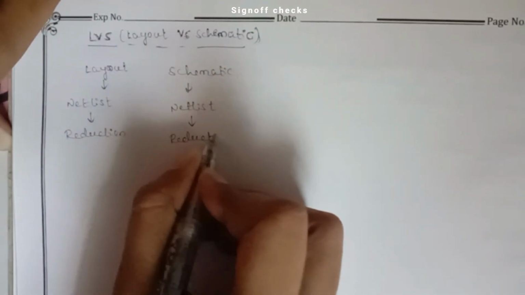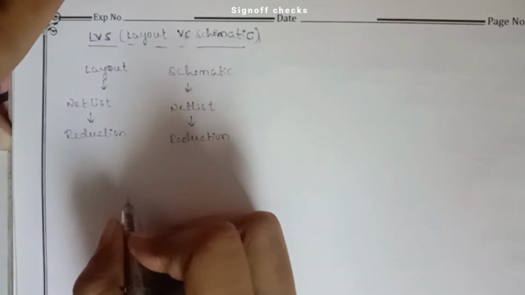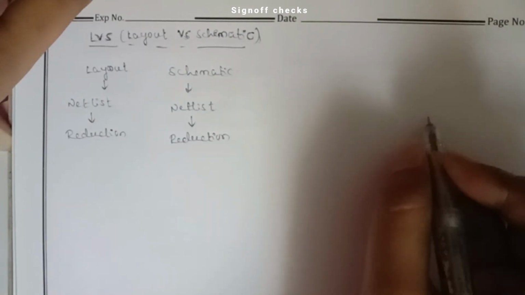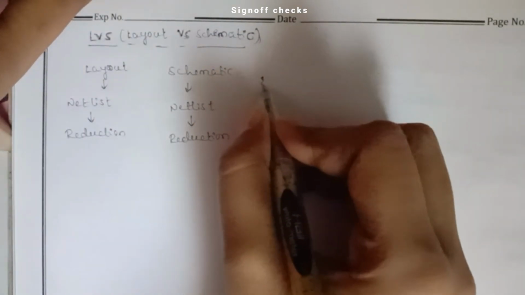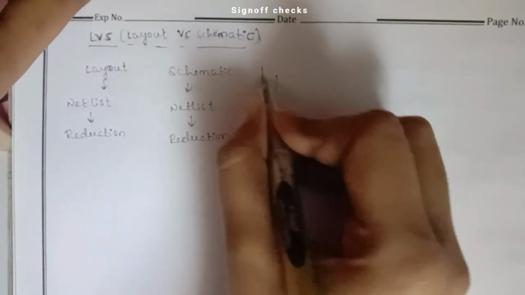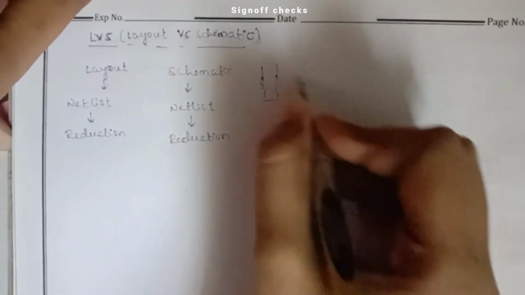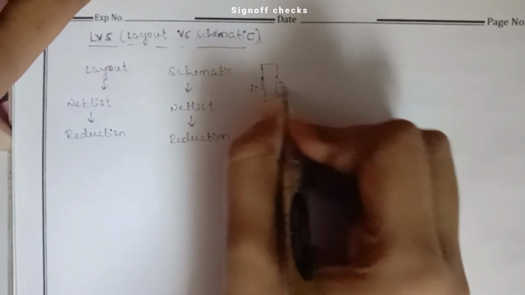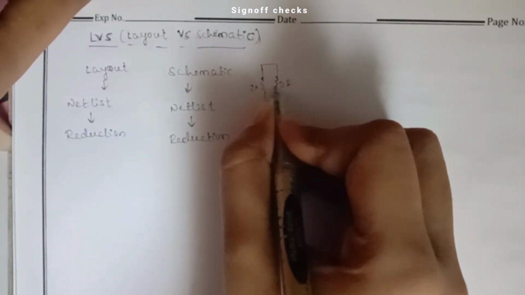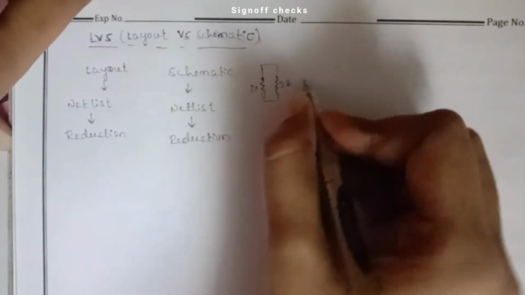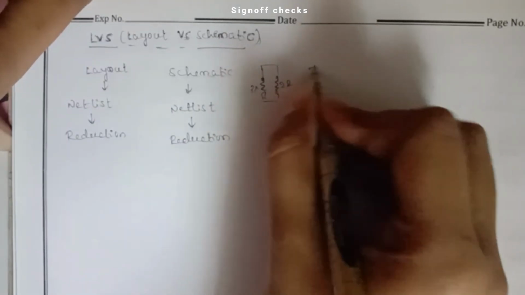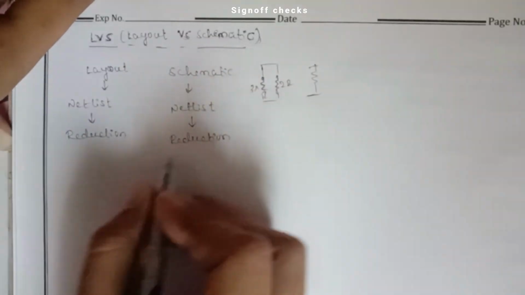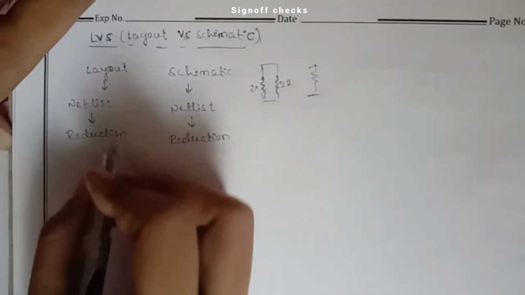Reduction means it will reduce all the parallel and series connections, like how resistors reduce in parallel. If this resistor has 3 ohm and this has 2 ohm, how it reduces to one resistor, it will do the same function. It will reduce the netlist.